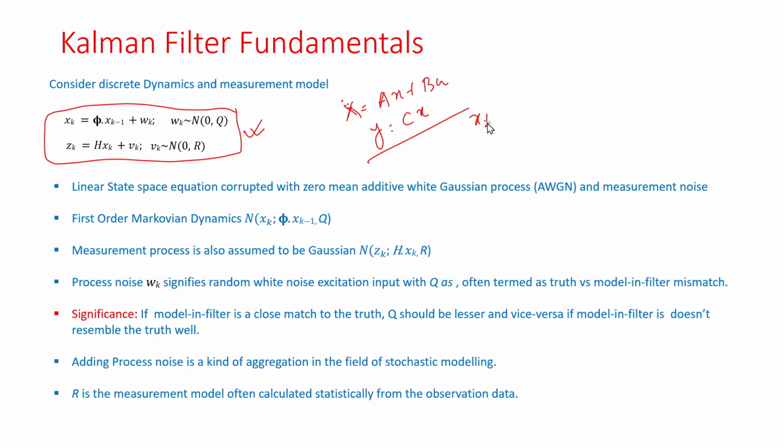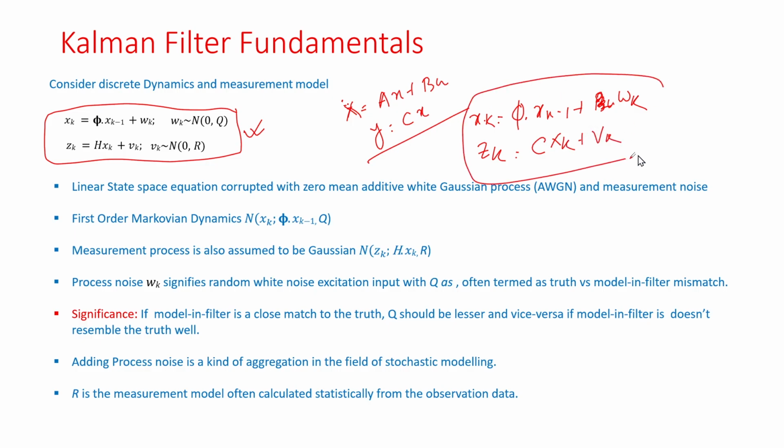The discrete equivalent is x k equal to phi, I will explain it in the next lecture, x k plus 1, some B u k, or if you want to remove the B, you can simply write w k. And z k is equal to C or H x k plus some v k. So, this is the discrete equivalent: the state equation and the observation equation.